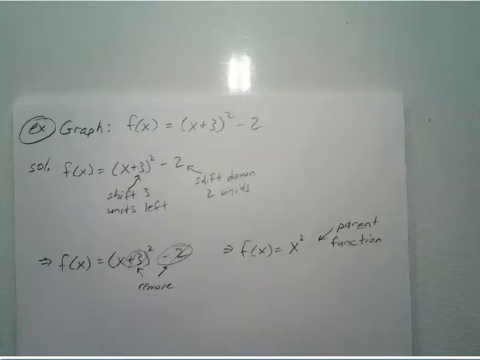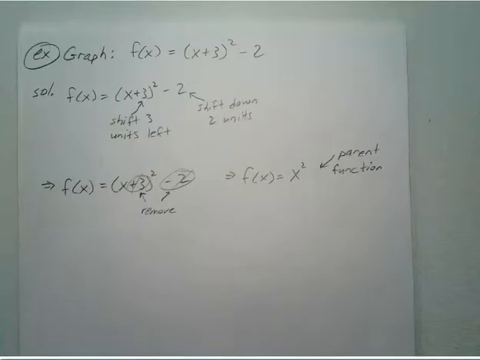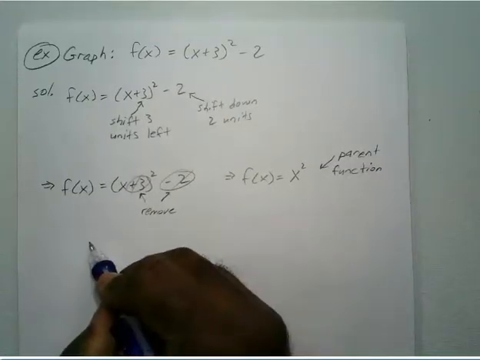Going back to that first page, we know what f of x equals x squared looks like. After you do it a few times, some of these common graphs will just be stuck in your head. That's why it's good practice to draw a common graph each time you solve for the parent function, because it helps drill it into your long-term memory.